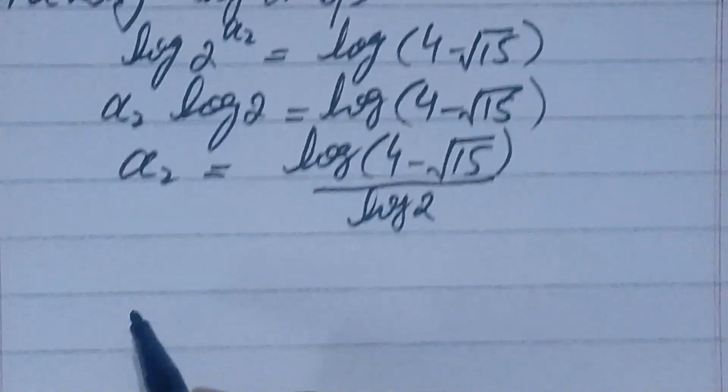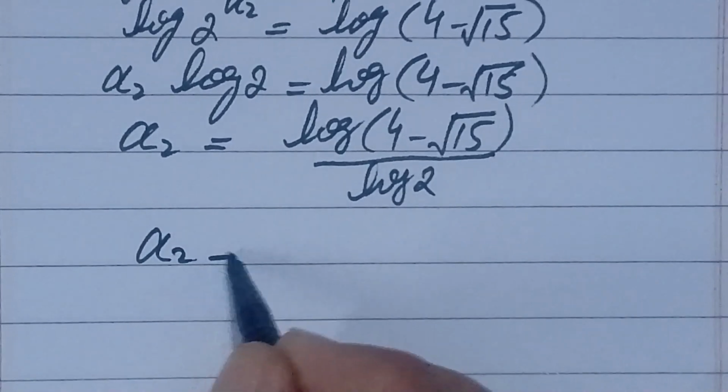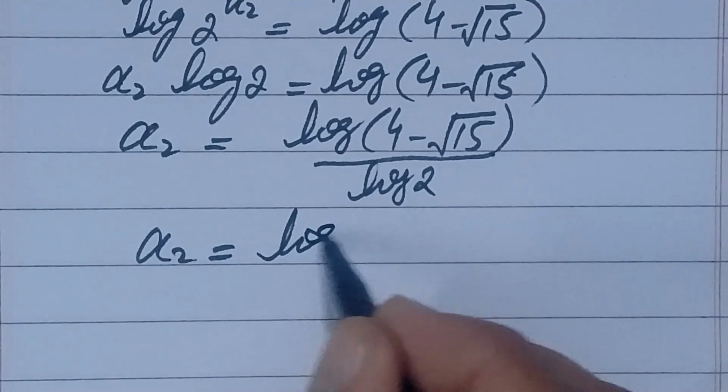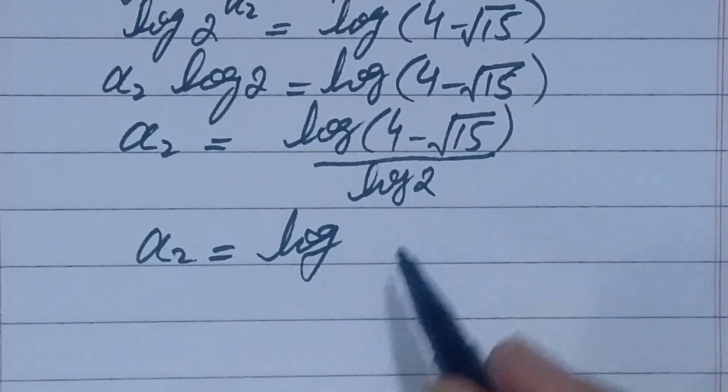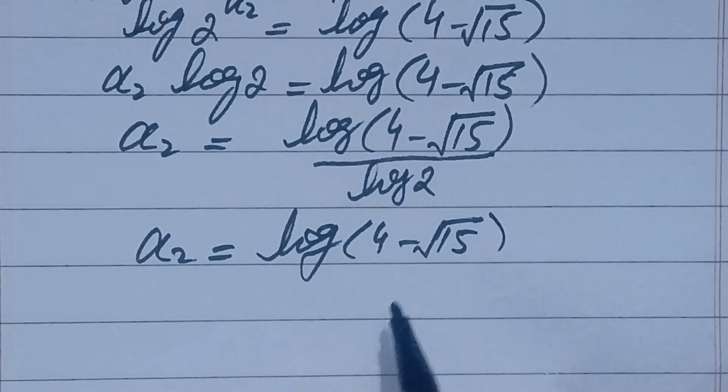This can be written as a2 is equal to log of 4 minus under root 15 base 2.